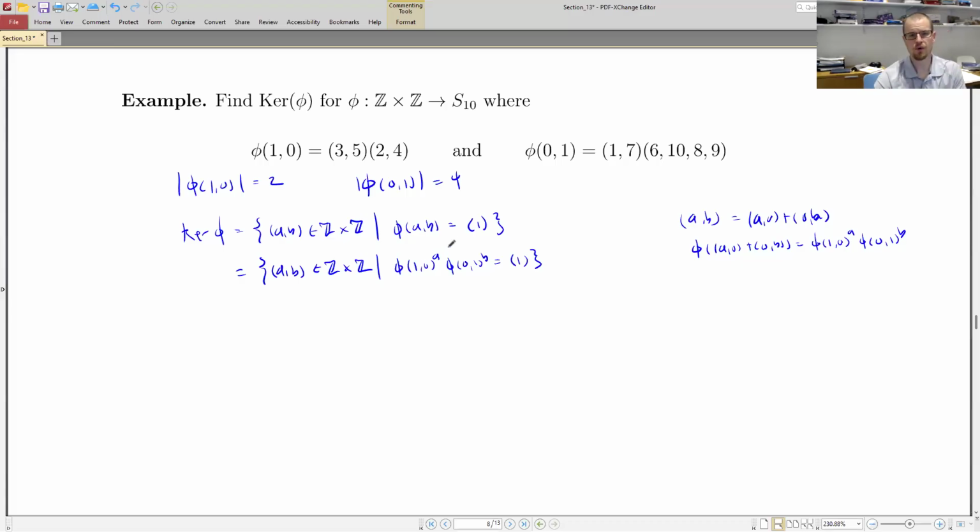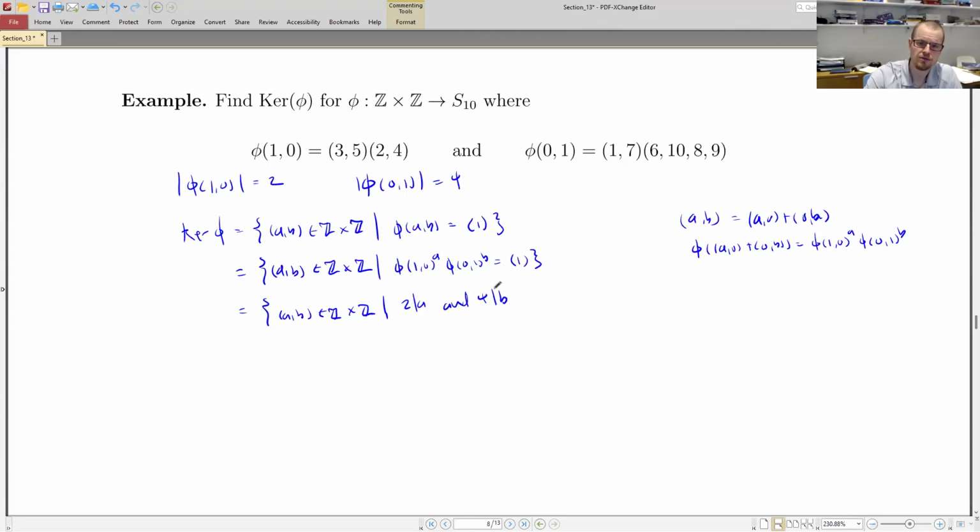So we're just looking for orders, right? Exponents here that are going to result in the identity. So all we have to do is take multiples of the order of this element and multiples of the order of this element. So a just needs to be a multiple of 2, and b just needs to be a multiple of 4. So I need to have that 2 divides a, and 4 divides b.